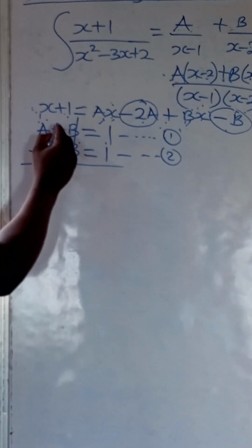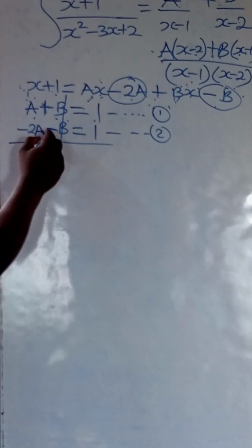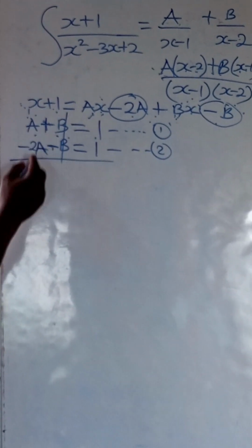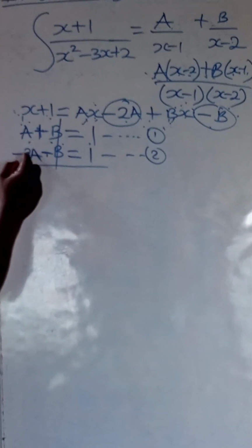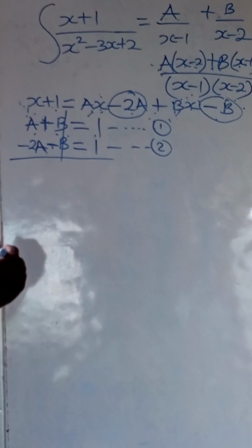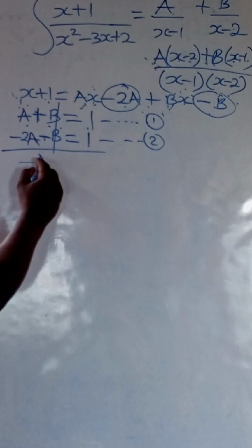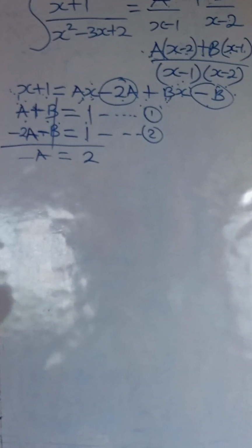Now I'm going to look at the sign. Beside it, I have positive and negative, different signs here. That means I'm going to add equation 1 and 2 together. Adding equation 1 and 2 together, that gives A plus minus 2A, which becomes A minus 2A, and A minus 2A gives minus A, which is 1 plus 1, that is 2.